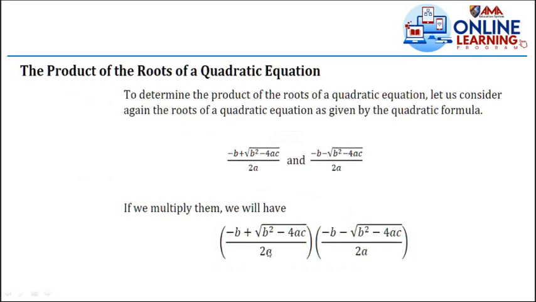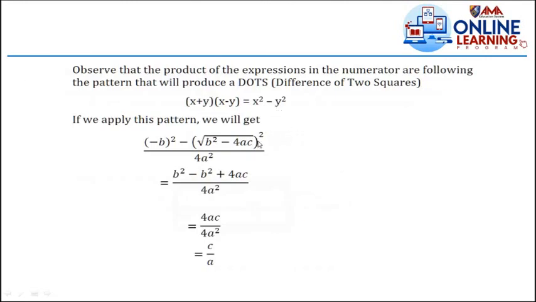Okay? So, multiply natin to 2a, 4a squared. Negative b by negative b, we have b squared. Ito, saka ito, nandito yung squared po niya. So, simplify further, yung squared dito, saka yung square root sign, magka-cancel na po siya. So, what's left will be b squared minus b squared plus 4ac.